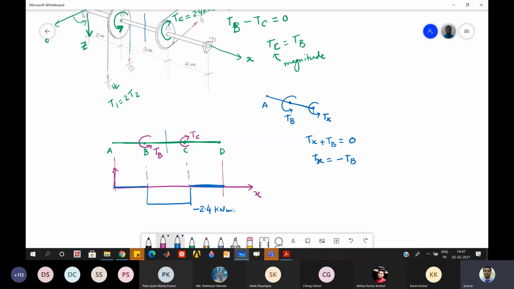All right, so this is all about your axial force and twisting moment diagram. Now I want to emphasize a little on the shear force and bending moment diagram.